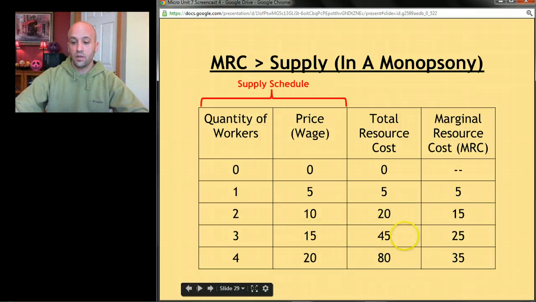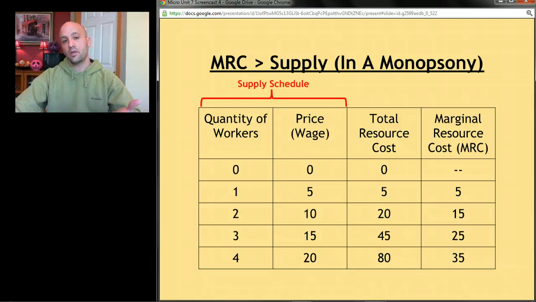Marginal resource cost of the third worker is 25. Again, notice that these numbers are higher than these numbers. And when you plot that out, it's going to make the MRC curve lie above the supply curve. In other words, because these firms have to raise the wage in order to attract more workers, and because they have to raise the wage for everyone that they're hiring, marginal resource cost rises faster than the wage rate.